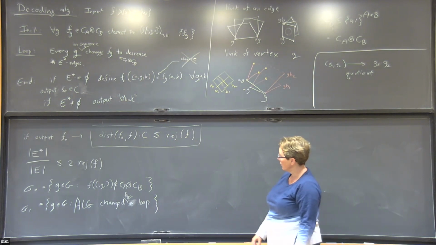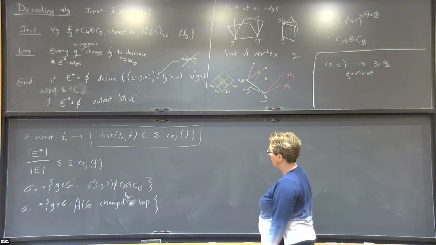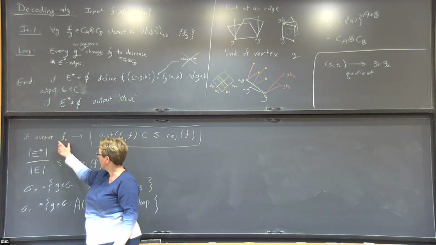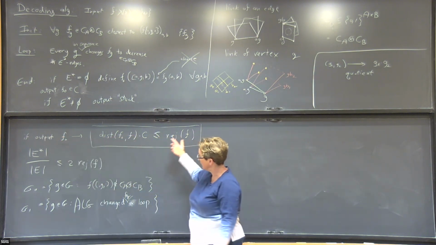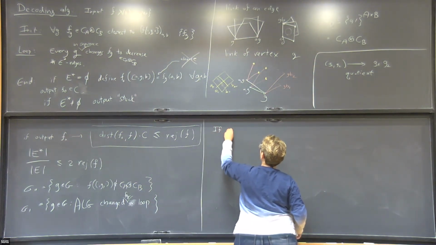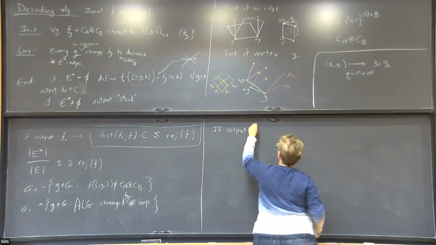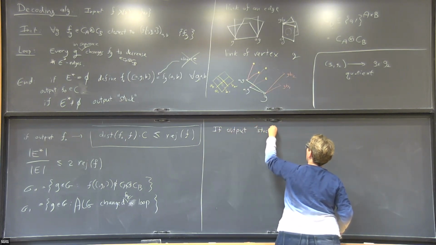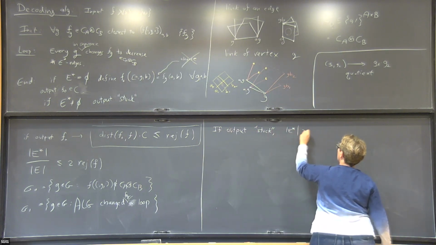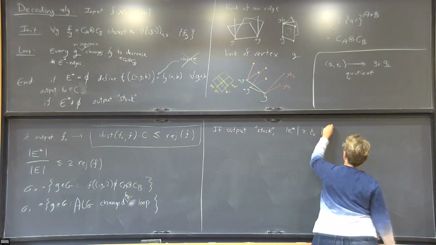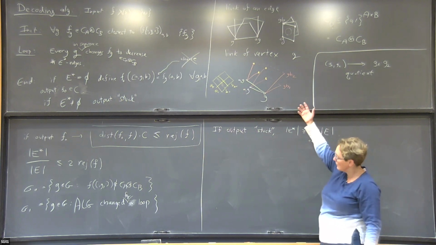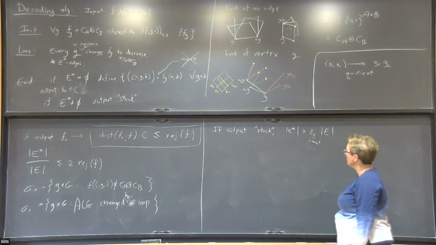Okay. So we saw that if the algorithm outputs F naught, then we satisfy this inequality. And now I want to also show that if we output stuck, then actually E star is bigger than some constant epsilon. Formally, there exists some constant epsilon naught such that blah, blah, blah.